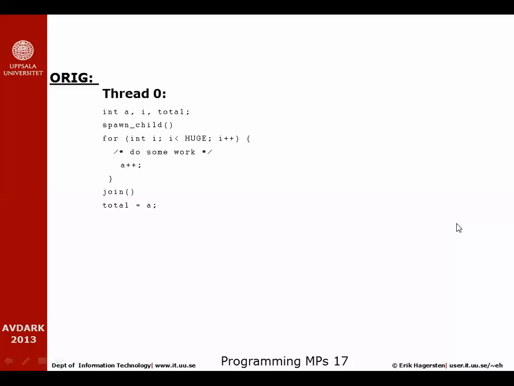Now we can look at some pseudocode of parallel execution and some fairly trivial transformations you can do to avoid some of the extra traffic that may occur in the system due to this kind of access pattern. What we have here in this pseudocode is a parent thread that initializes some variables, and then it spawns off a child, and the child and the parent will do the same thing.